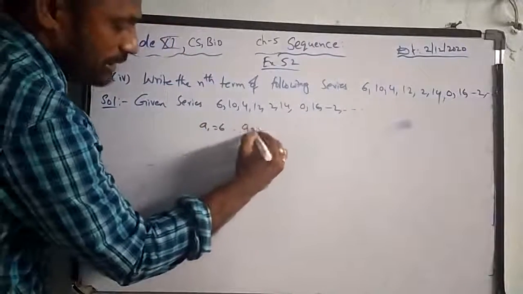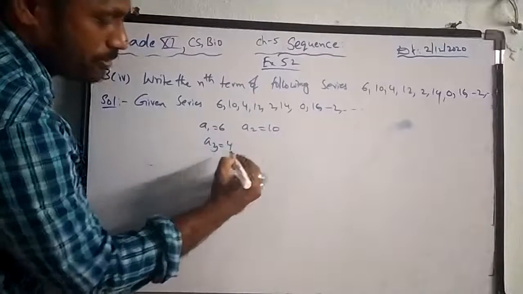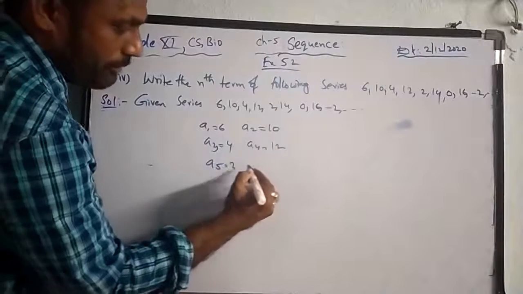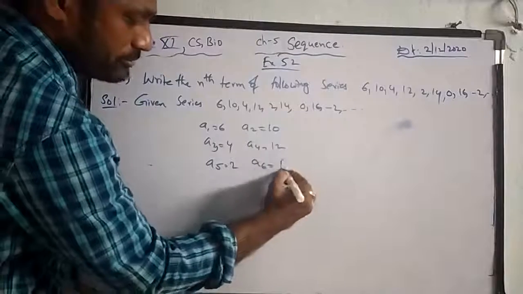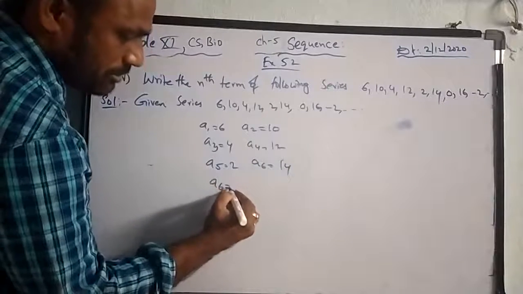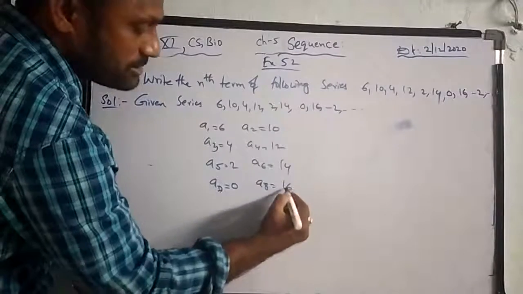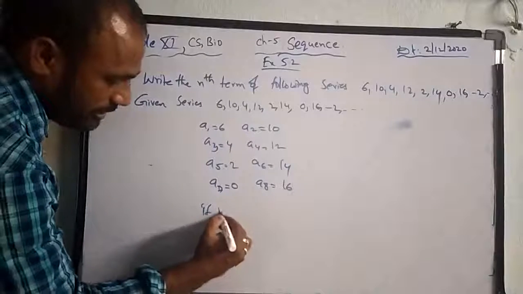A1 is 6, A2 is 10, A3 is 4, A4 is 12, A5 is 2, A6 is 14, A7 is 0, A8 is 16.